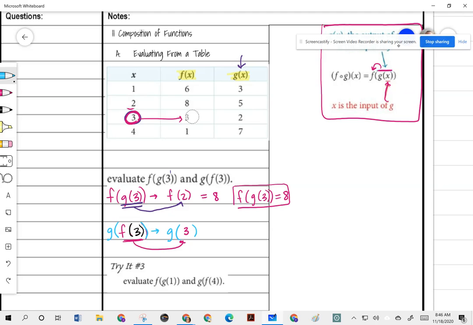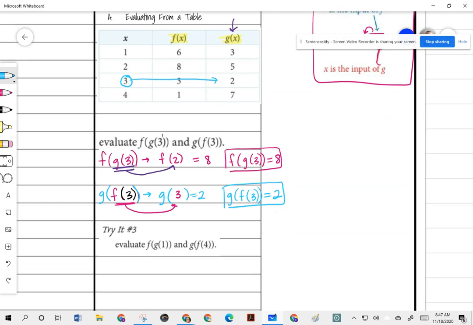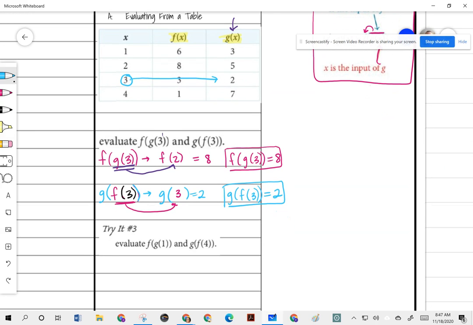When my input is 3, I go to the g function, and my answer is 2. So again, the proper way to write that is g of f of 3 is going to equal 2. So go ahead and try number 3, pause the video, and then I will go over the details.